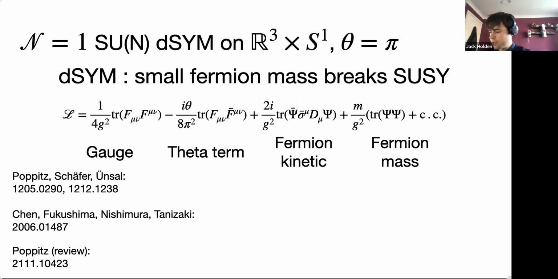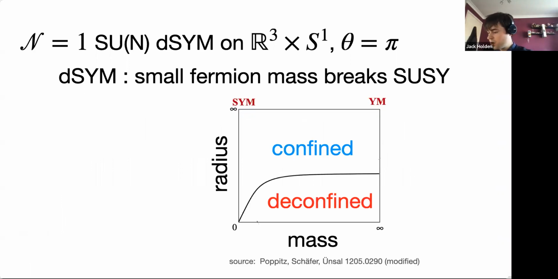We have the gauge term, the topological theta term, the fermion kinetic term, and the mass term. By deformed super Yang-Mills, what I mean is that we take N=1 super Yang-Mills, which has one adjoint Weyl fermion, and then we add a small mass to the fermion, and so this will break supersymmetry.